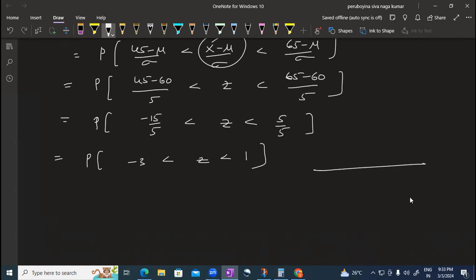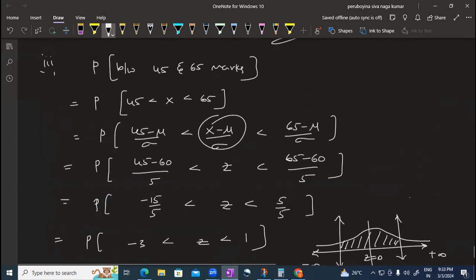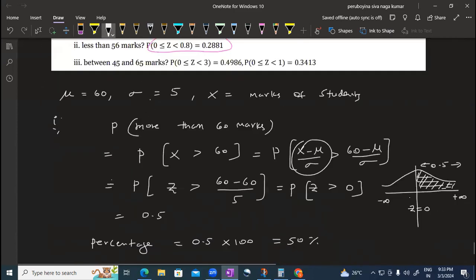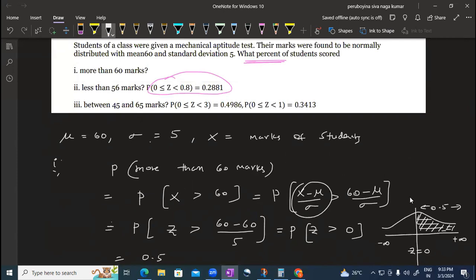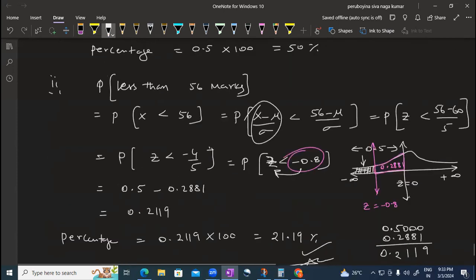So the graph looks like this. This is plus infinity and this is minus infinity. This line is Z equal to minus 3, and this line is Z equal to 1. This shaded portion is what we require. Say this is 0. Actually, from the table the value from 0 to 3 is 0.4986.